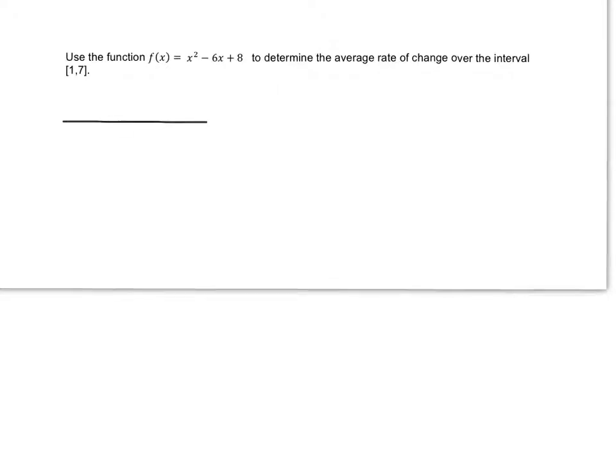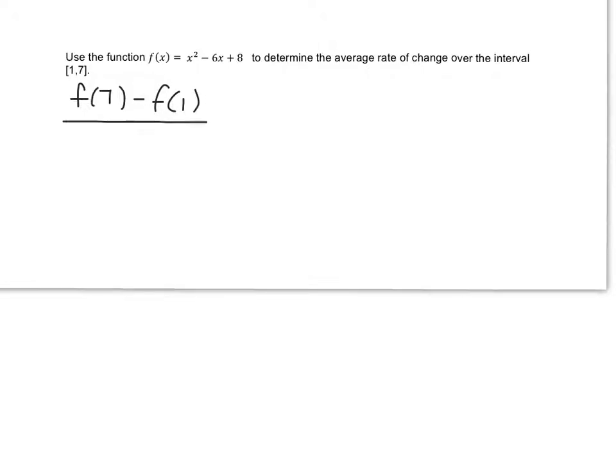Instead of y here, we're going to swap in this f of x notation. So we're still going to have the change in the vertical distance, but now we're going to represent that as the function value for when x is 7 minus the function value for when x is 1.